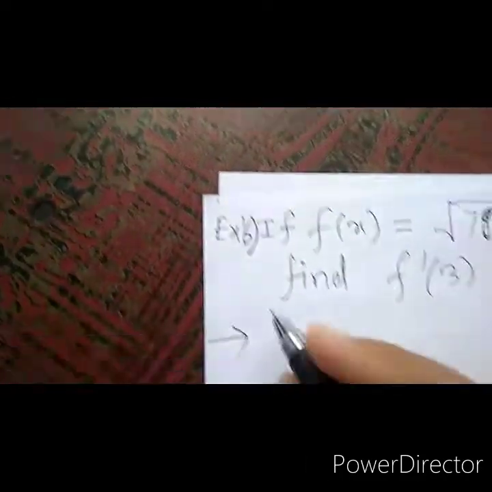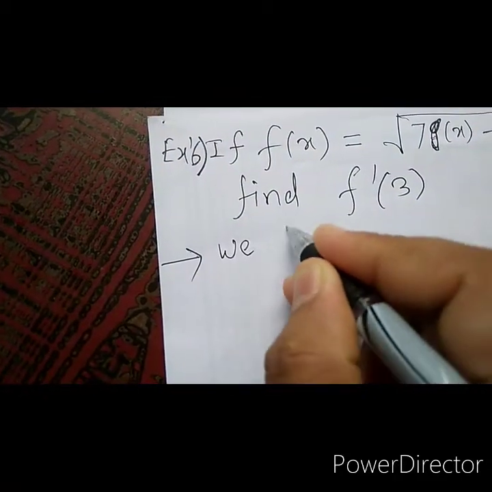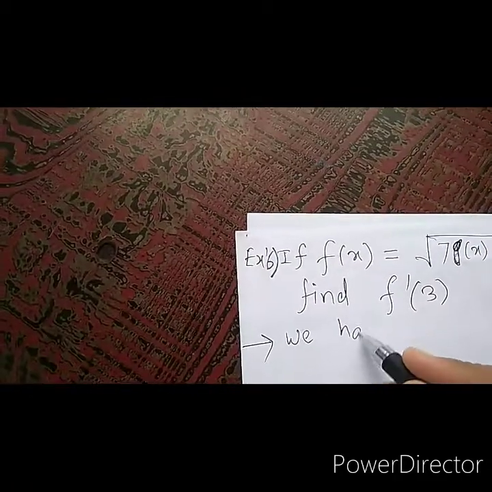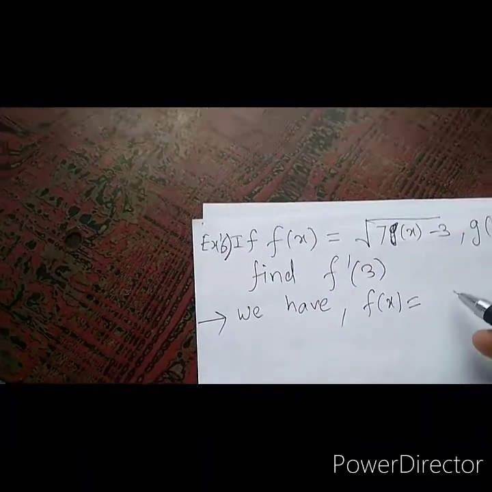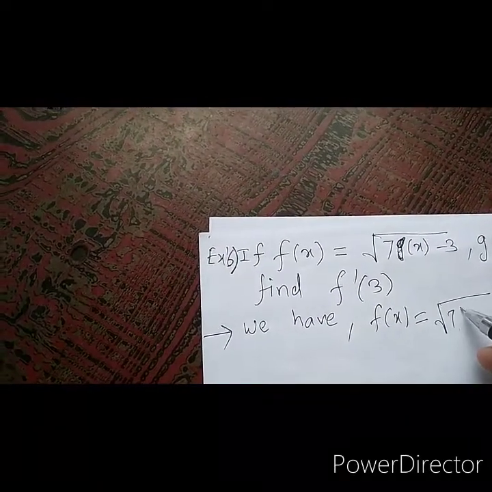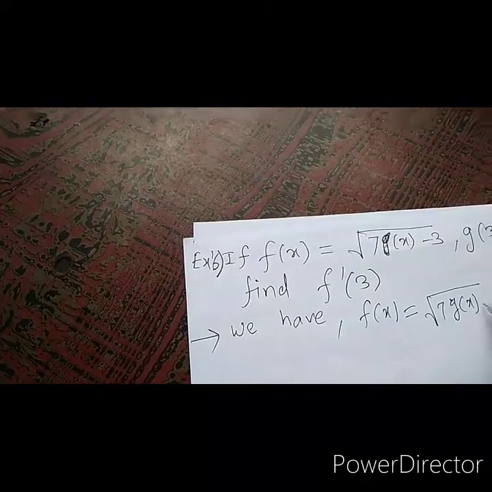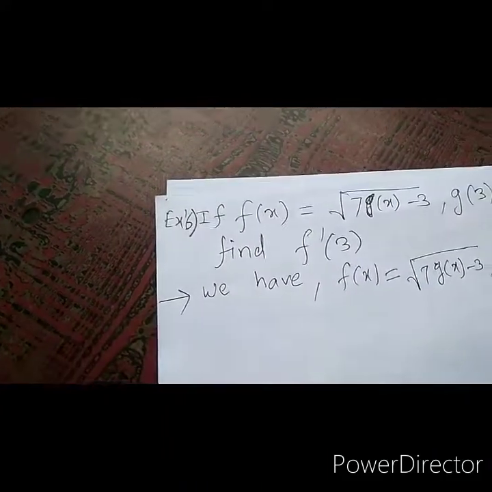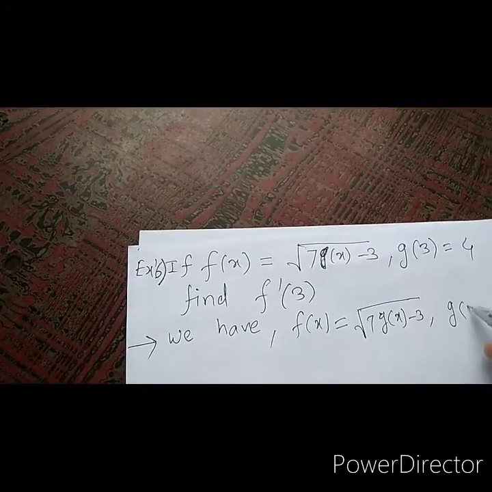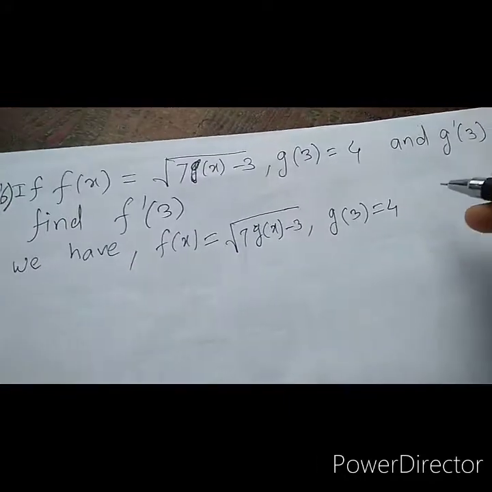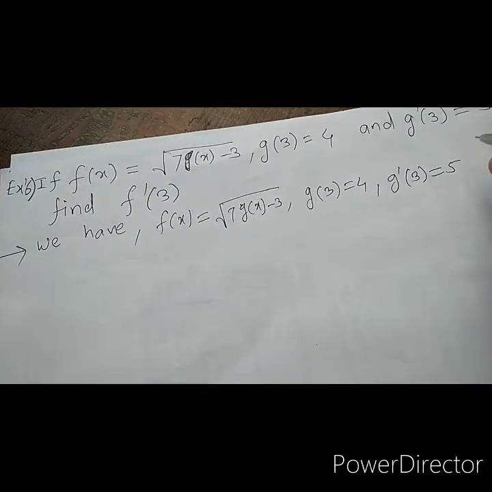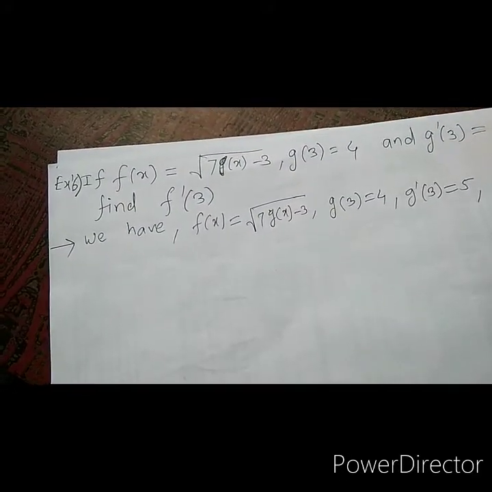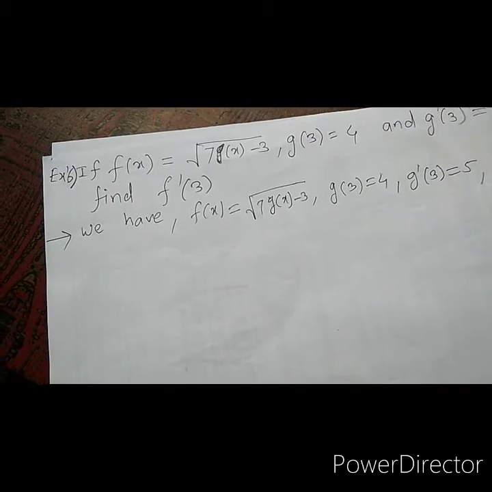So we have the function f of x is equal to root 7 g of x minus 3. We can write the given values. g of 3 is equal to 4, g dash of 3 is equal to 5. f dash of 3 is equal to question mark.